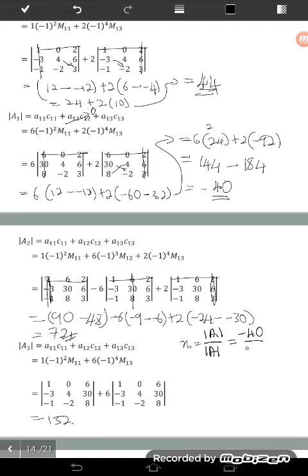So the answer is equal to negative 10 over 11.